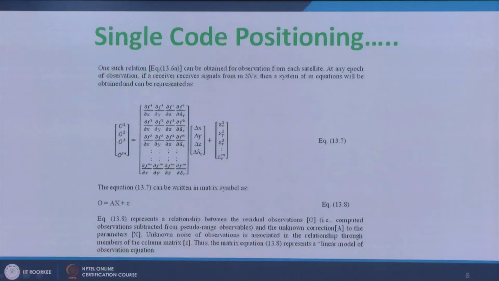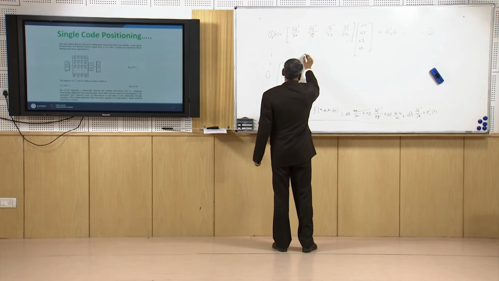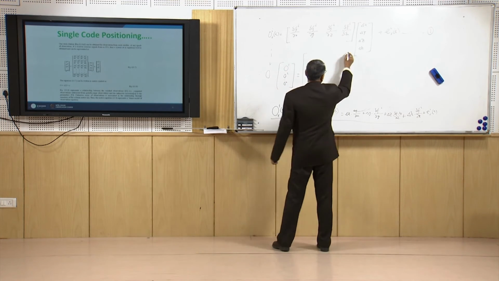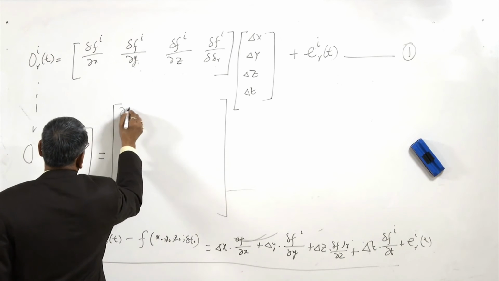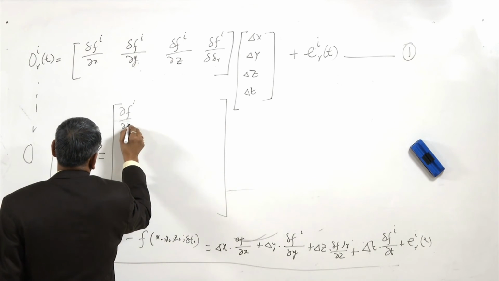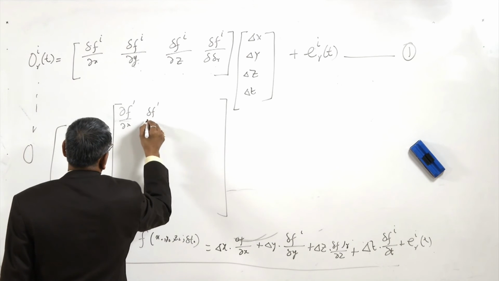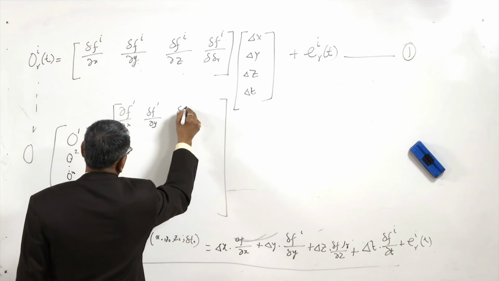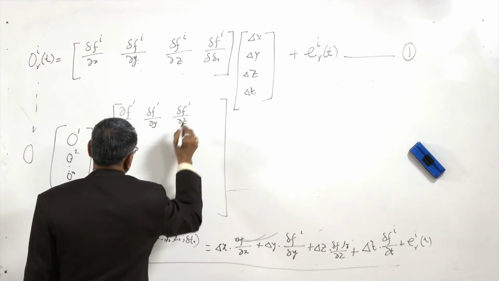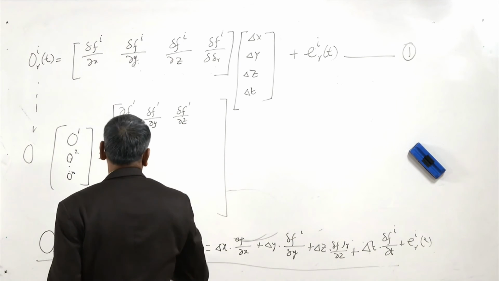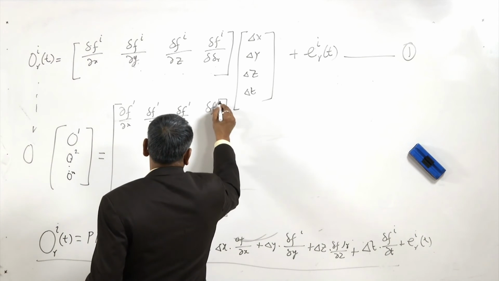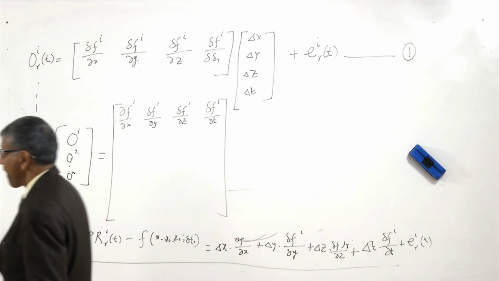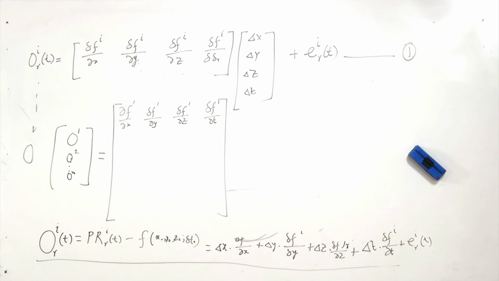O1, O2, like that up to OM, for m satellites. And that can be written like this: df1/dx, df1/dy, df1/dz, df1/dt.